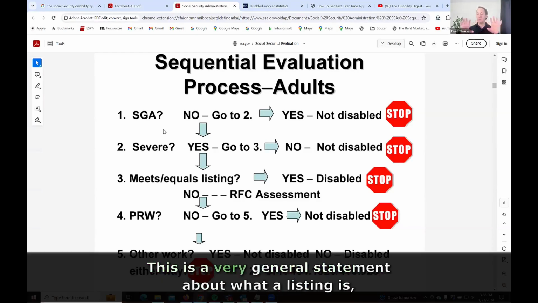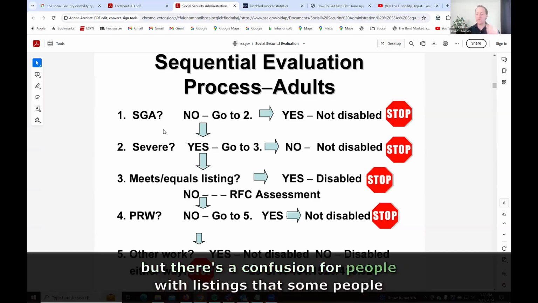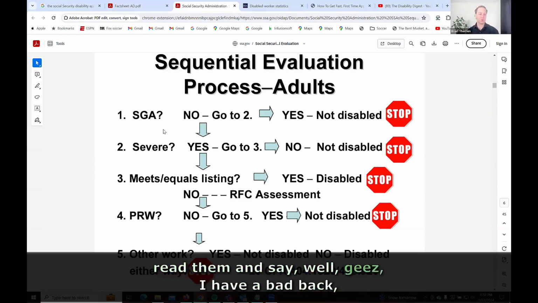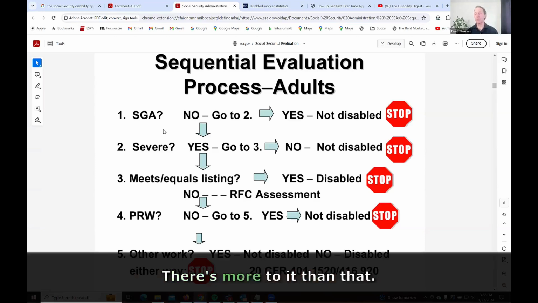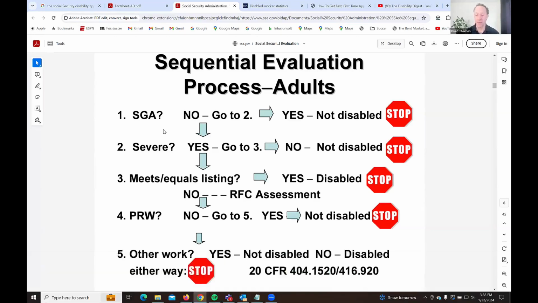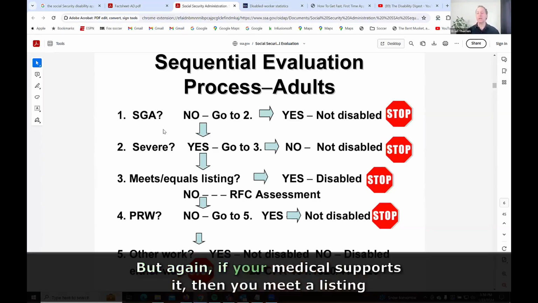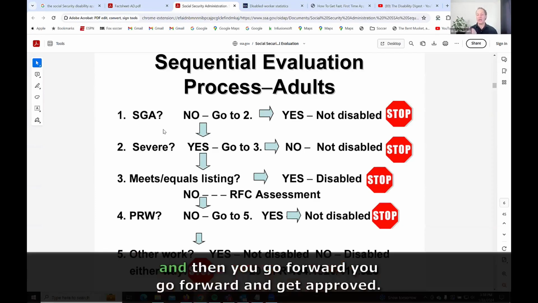This is a very general statement about what a listing is, but there's a confusion for people with listings that some people read them and say, well, geez, I have a bad back, I must meet a listing. There's more to it than that. But again, if your medical supports it, then you meet a listing, and then you go forward and get approved.